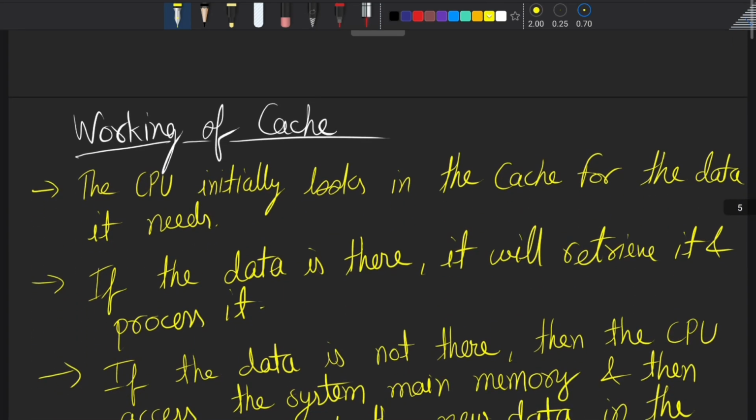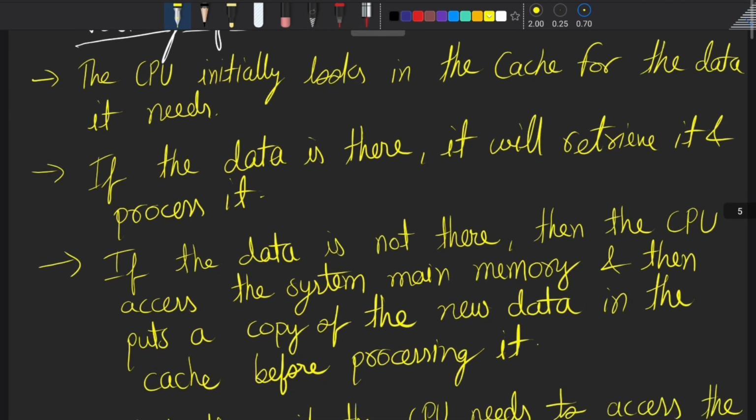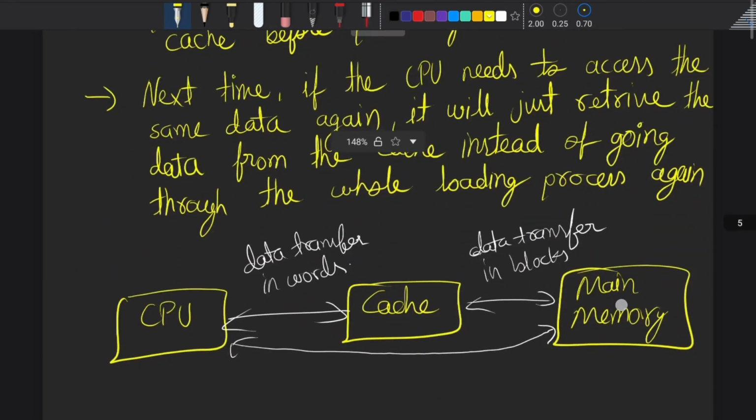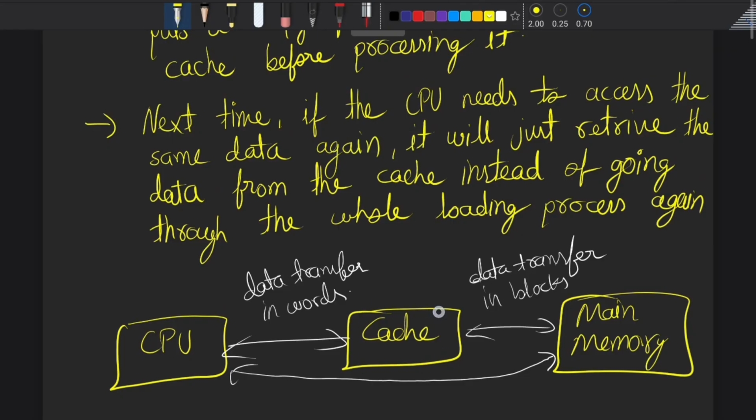Now let's look at the working of cache memory. As you have seen, the cache memory lies between the CPU and the main memory. So the CPU first looks for the data in cache memory, and if it finds the data, then the data is transferred to the CPU from cache memory, and the CPU executes it.